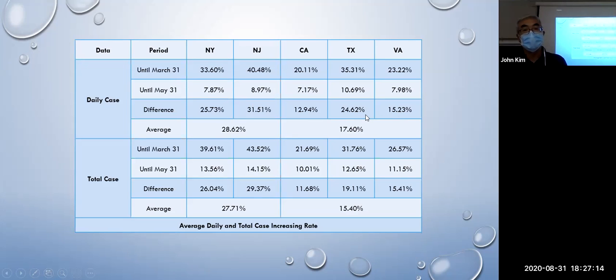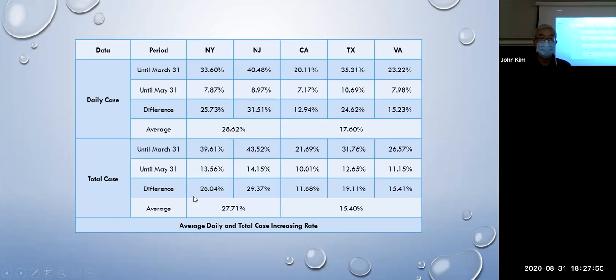But we assume Texas has a relatively big difference between partial and non-requirement states, because Texas uses the partial requirement in big cities. So maybe in Texas, social distancing and partially the face mask effect.